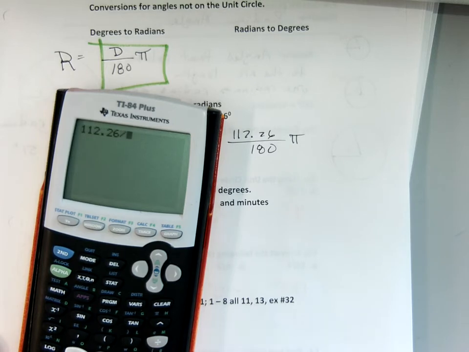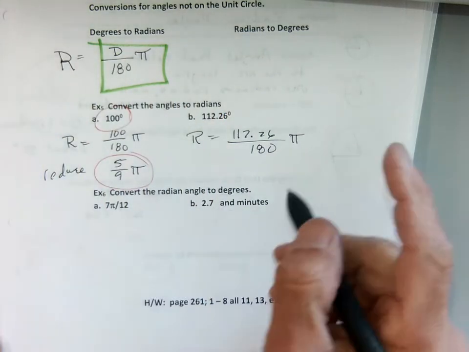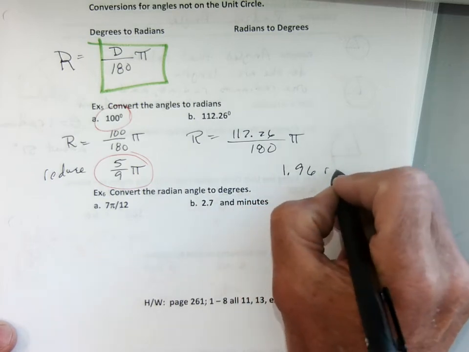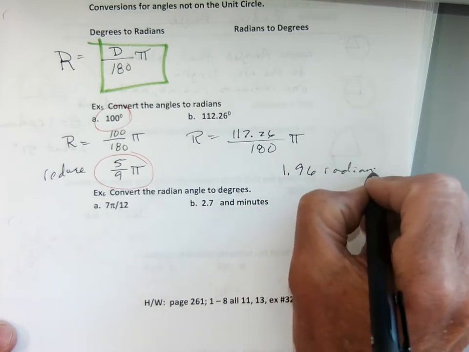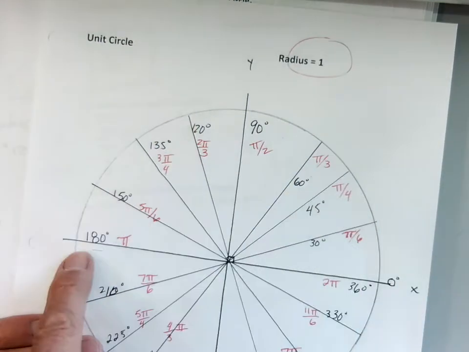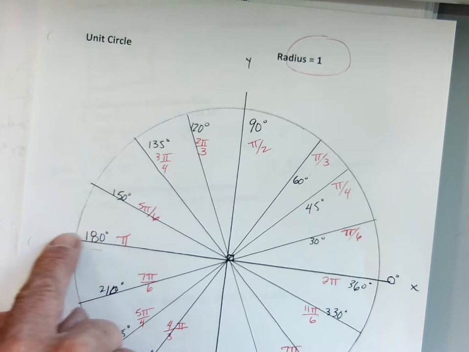I get an answer of about 1.96 radians, and that's an angle. Let's go back to our unit circle and think about this. Pi is 3.14 as a decimal, that's about 3.14 as an angle.